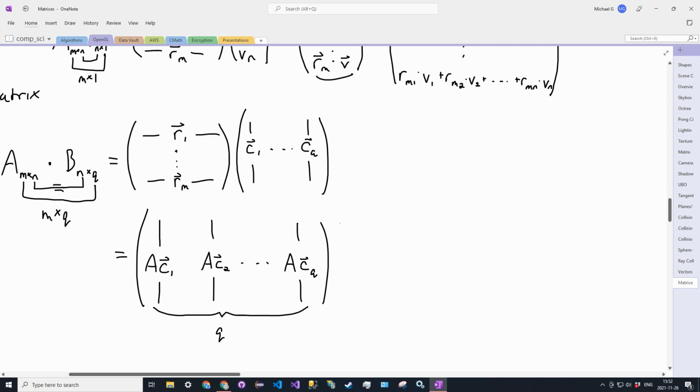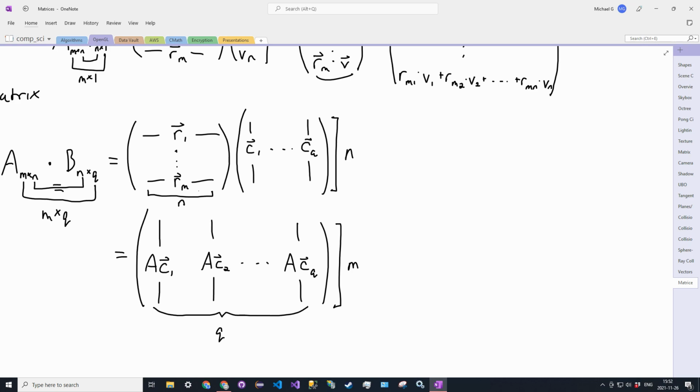We're going to have m rows here. So with B, each column vector has n elements in it, and that n matches the number of columns here in A. So the dot product is defined for a row of A and a column of B.